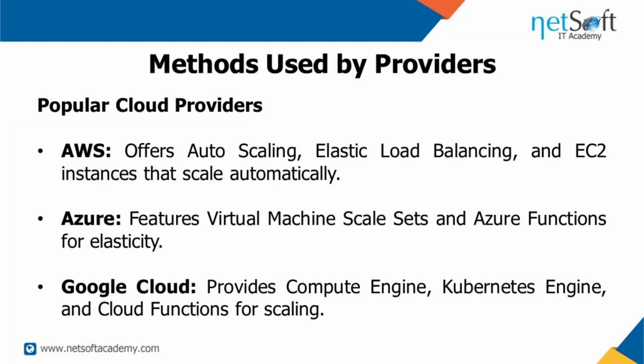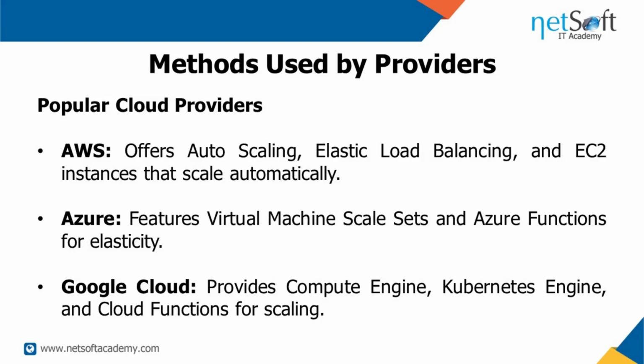Popular cloud providers. Well, let's start with AWS. AWS offers autoscaling, elastic load balancing, and EC2 instances that scale automatically. Well, EC2 stands for Elastic Compute Cloud. So it's in the name, Elastic Compute. How about Azure? Does Azure also offer some functionality? Yes.